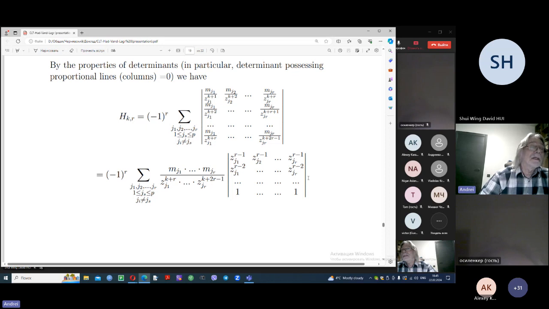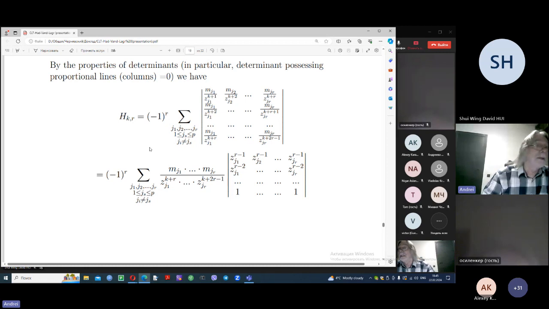Namely, this is somehow an inverted Vandermonde determinant. To make it Vandermonde, there will be some signs here that are not R but something else, and that's it.